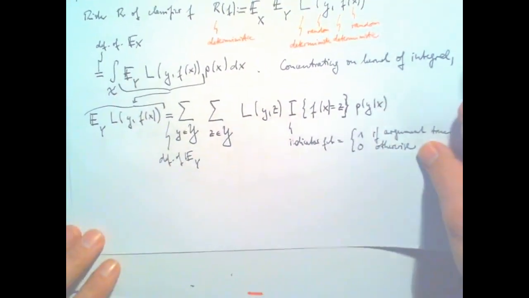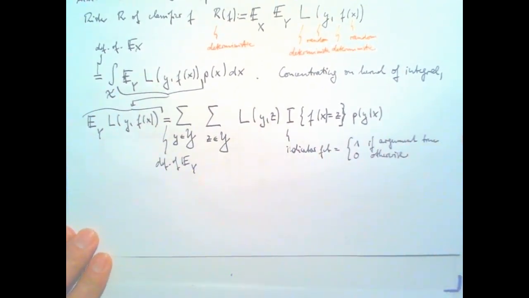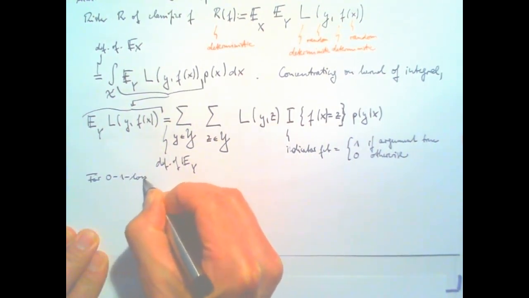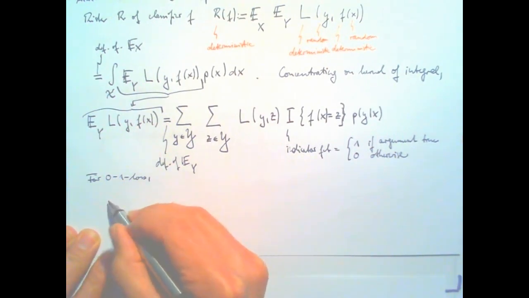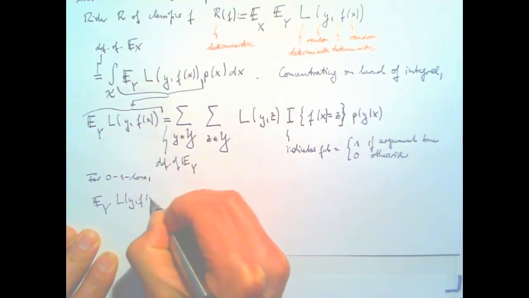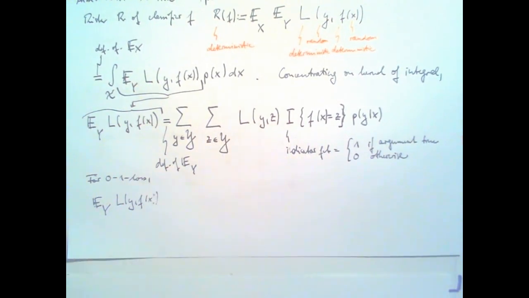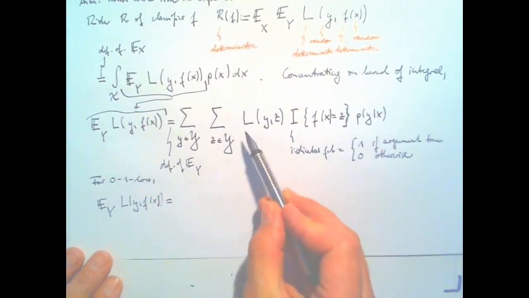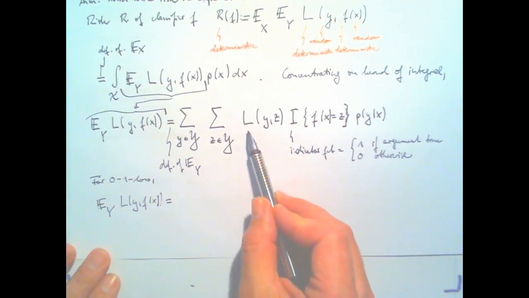So we still have it written here for a general loss function, but if we just use the 0-1 loss, this can be simplified, because L is either 1 or 0.